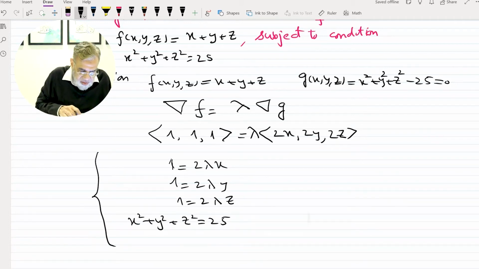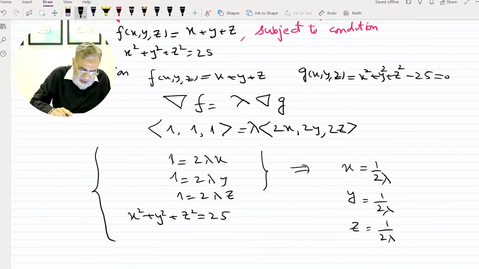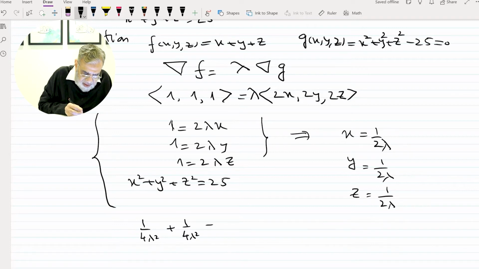From the first 3 equations, I can find the value of x. My value of x is equal to 1 over 2 lambda. My value of y also is equal to 1 over 2 lambda, and the value of z is equal to 1 over 2 lambda. I substitute these values in my condition and get 1 over 4 lambda squared, plus 1 over 4 lambda squared, plus 1 over 4 lambda squared, equal to 25.